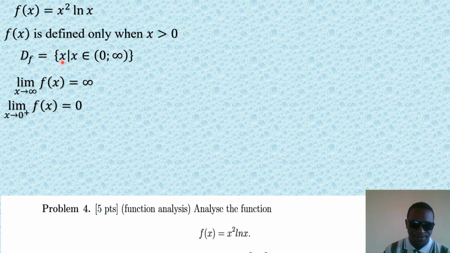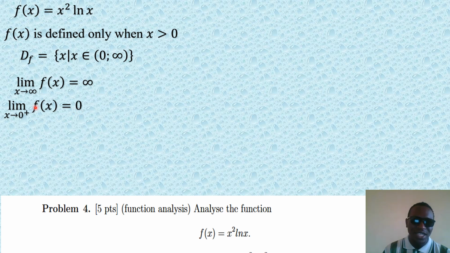But this part of the function, when x is very small, remember when you square a very small number, it becomes very, very small. So when you multiply a very, very small number by a very large number, that answer is approximately 0. So f of x will tend to what?